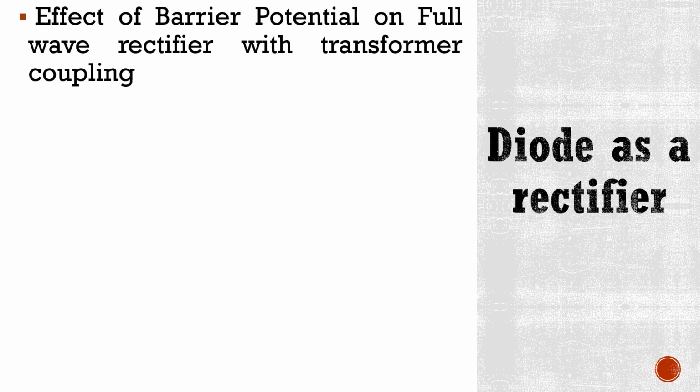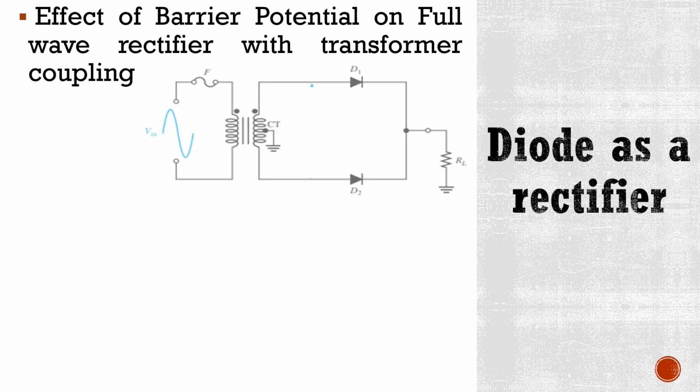Now we will understand the effect of barrier potential on a full wave rectifier with transformer coupling. We know that this circuit represents a transformer coupled full wave rectifier, where this is the primary coil and here the voltage is V primary.